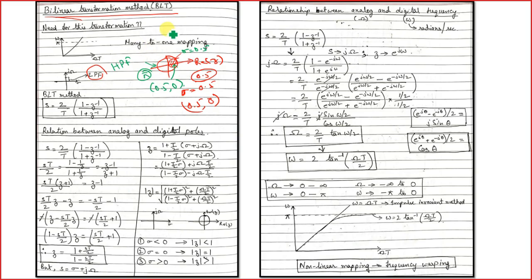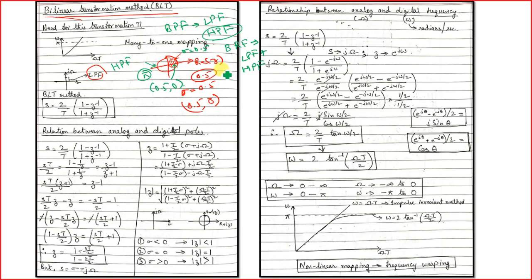Then we have the band pass filter, which is a combination of low pass filter and high pass filter. But it is not possible to design the high pass filter here using the impulse invariant method. Similarly, the band reject filter is also constituted of a low pass filter plus a high pass filter, so again there is a problem.